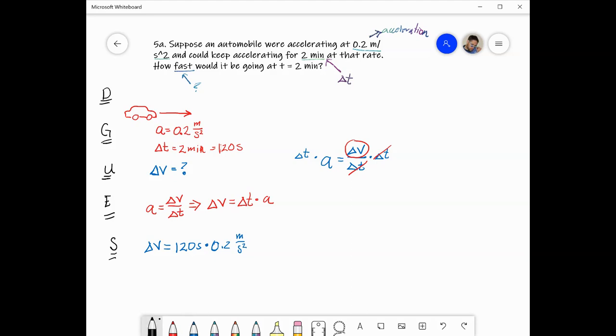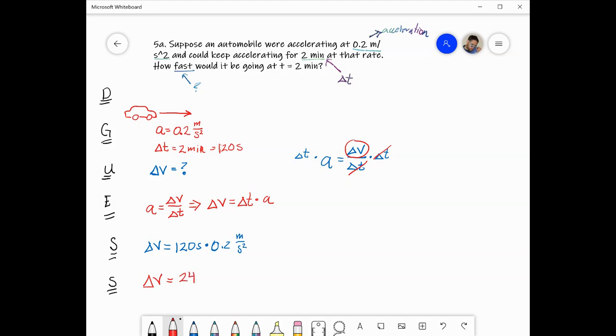So the last step in my entire process is this solve. All I need to do now is multiply 120 times 0.2. I could grab a calculator, or I can recognize that I could probably do this in my head. And I can say that my change in velocity, which is the answer I'm looking for, is equal to 24.